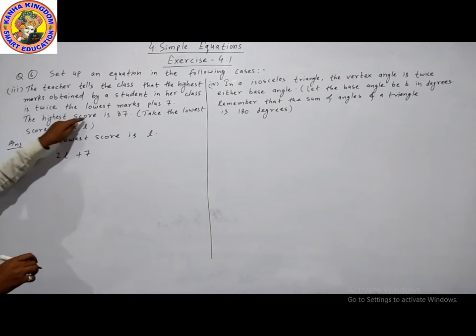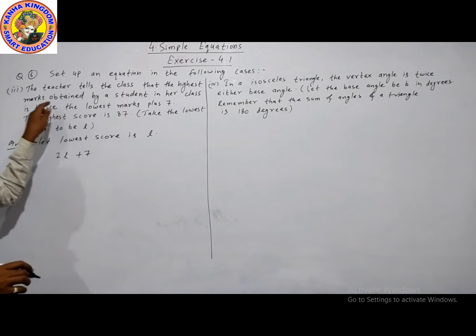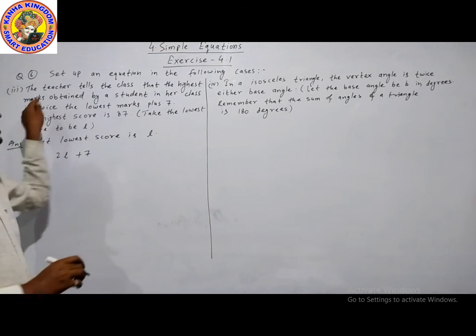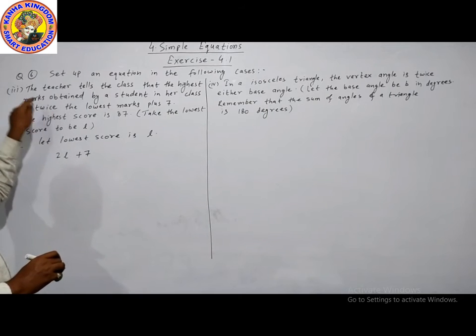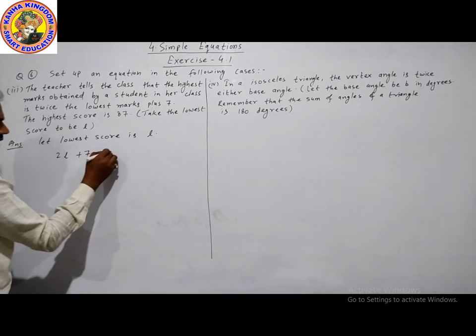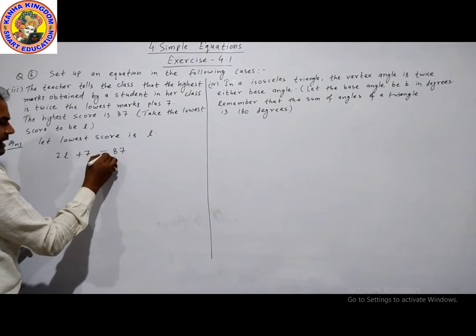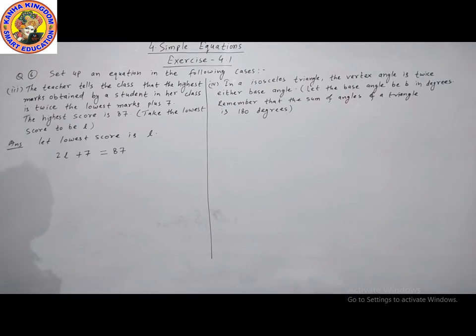The highest score is 87. This is the highest score and this is also the highest score. Both are the same, which means both are equal.